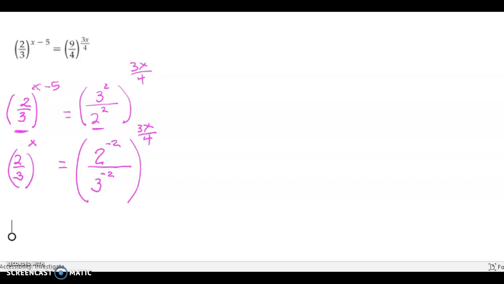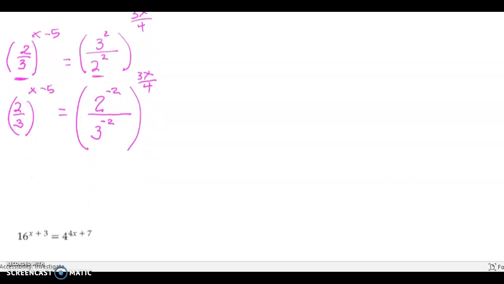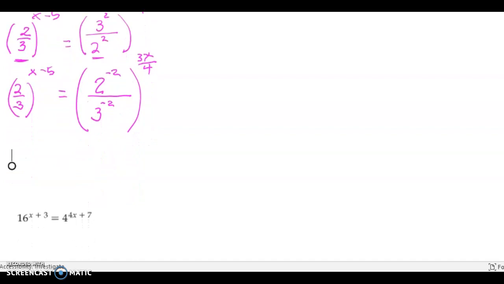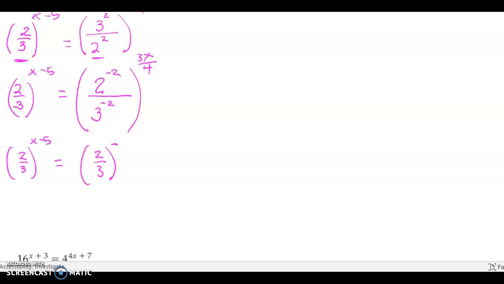Sure, I think I can. And now I could rewrite again. So I have 2/3 to the x minus 5 power is equal to 2/3 raised to the negative 2 power raised to the 3x over 4 power.